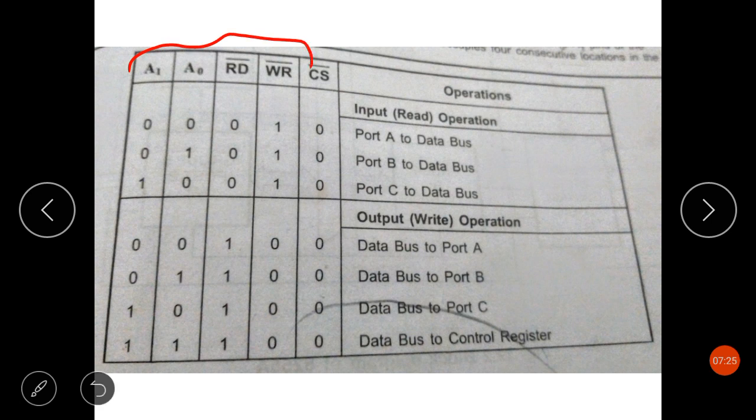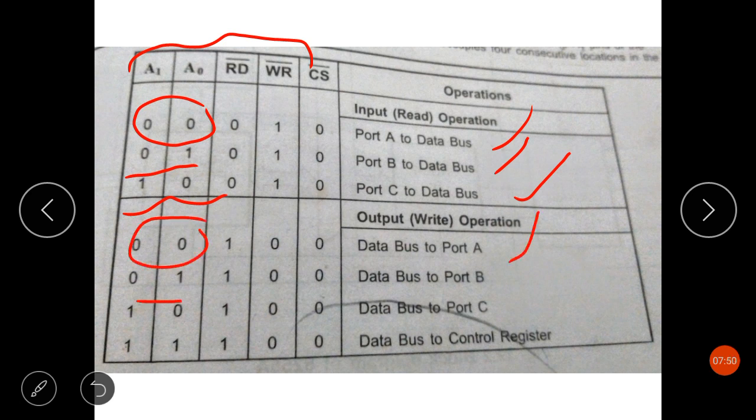For example, if A0 A1 are both 0, then port A is selected. If A1 is 0 and A0 is 1, then port B is selected. And if A1 is 1 and A0 is 0, then port C is selected. Similarly here also you can see, if both are 0 0, port A is selected. If A1 is 0 and A0 is 1, port B is selected. If A1 is 1 and A0 is 0, port C is selected.